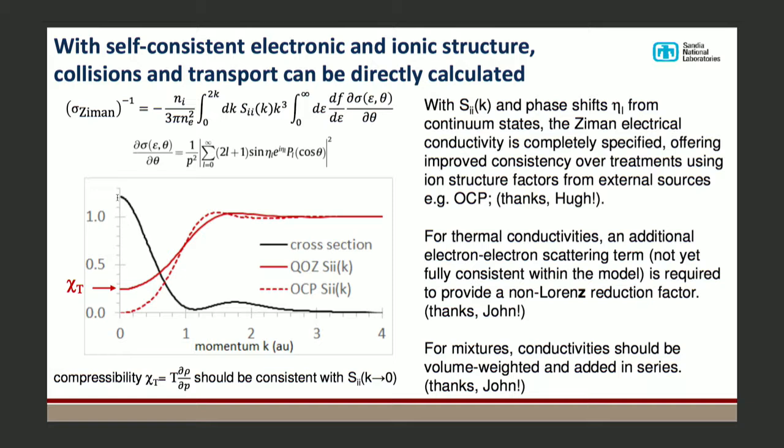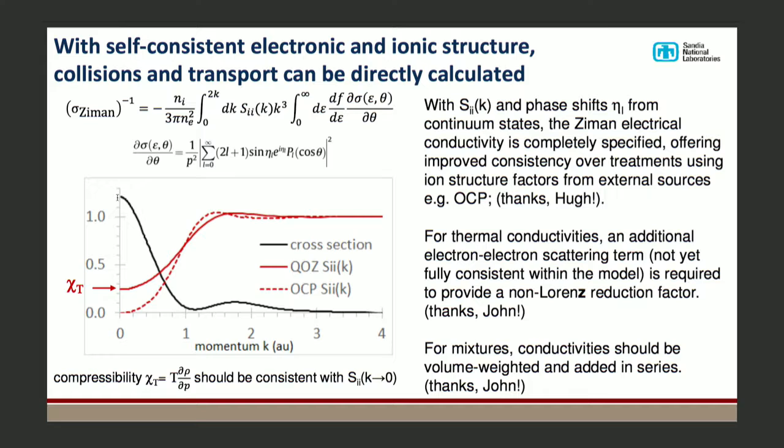When I was at Livermore and I worked on transport models, I'd take the OCP structure factor, which is shown here by this dashed line, one component plasma structure factor, and it gives you something that goes to 0 at the 0 of reciprocal space. It's the Fourier transform of the g of r, the ion correlation function.